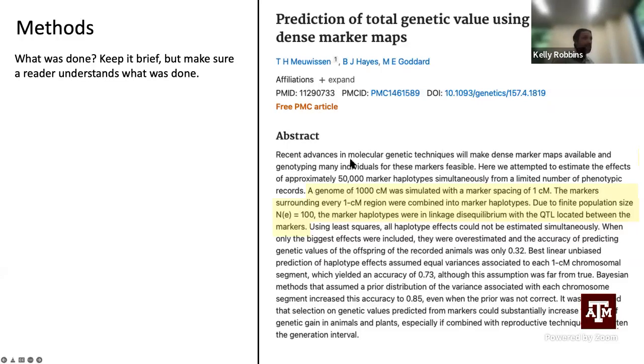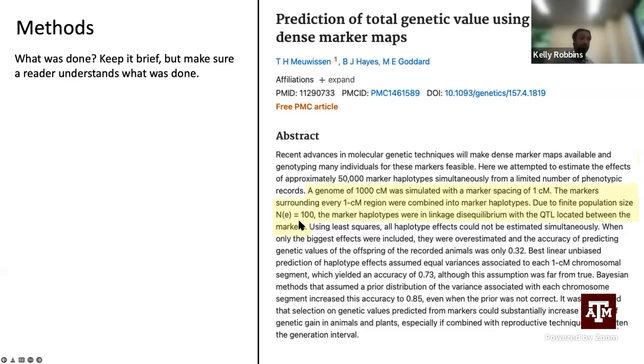Now, there's a lot of details about this simulation that aren't included here. When I read the paper, I'll get all that from the methods section. But it is pretty clear to me that this is a simulation paper. So they were using simulation. I have some idea about the genome that they simulated, about some of the parameters of this genome.